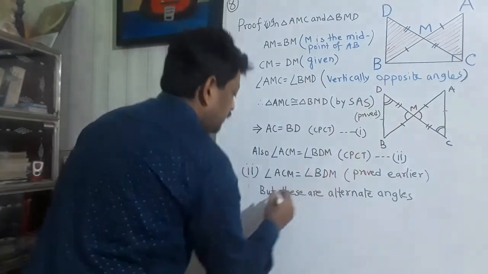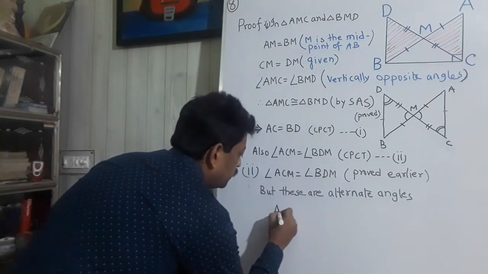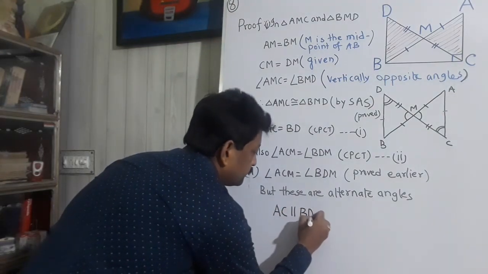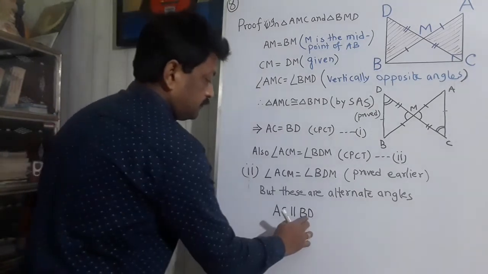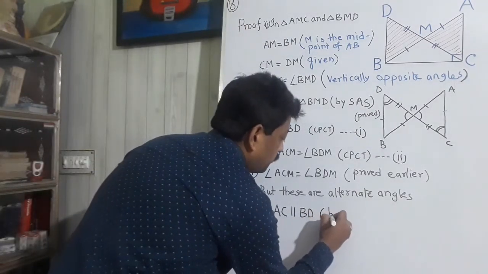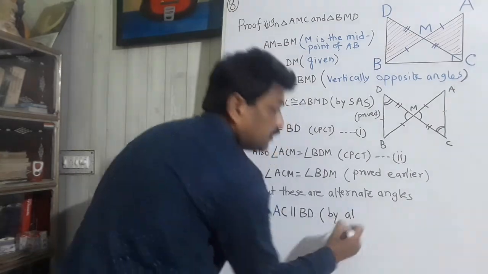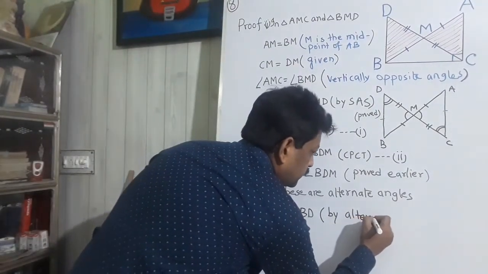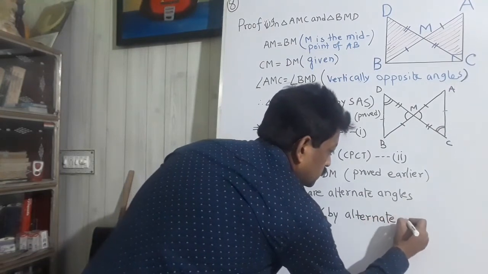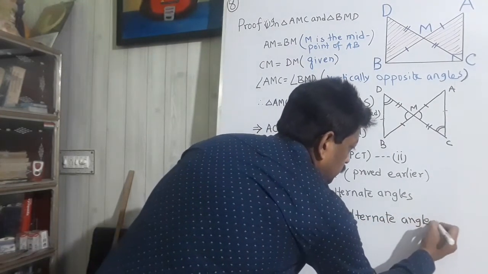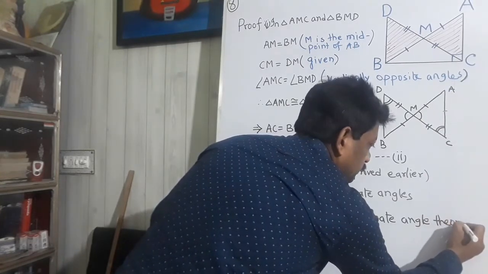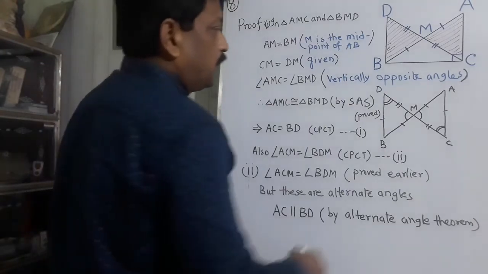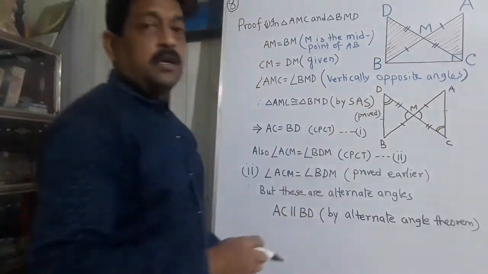So here we can say that AC is parallel to BD. In bracket you can write by alternate angle theorem. Understood? So these two lines are parallel.